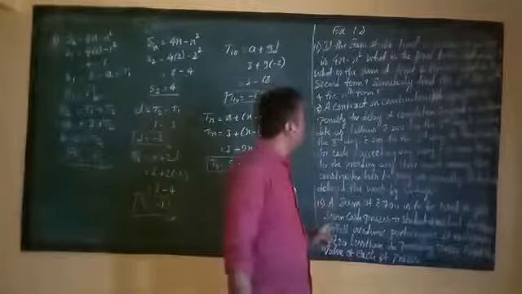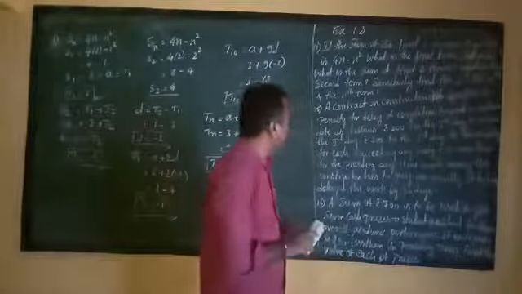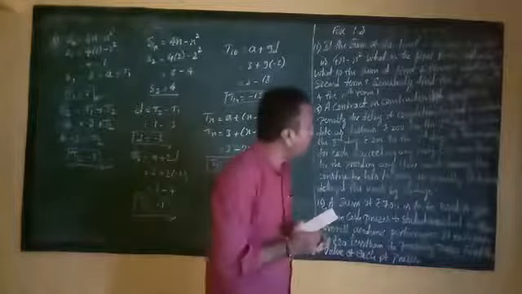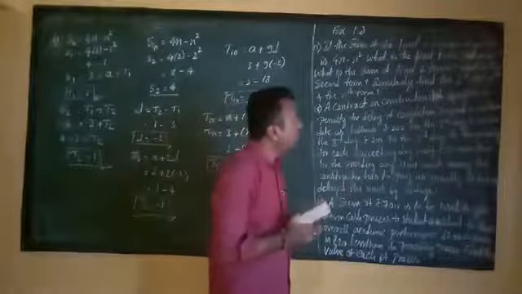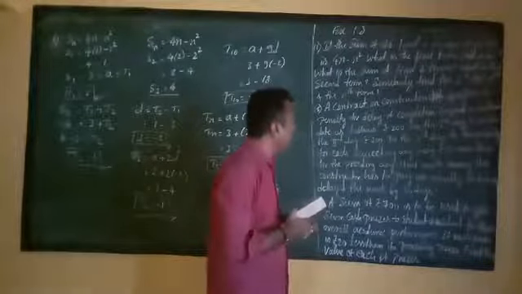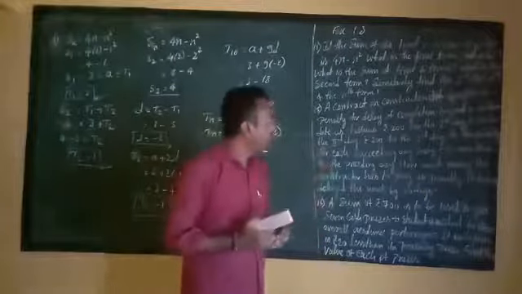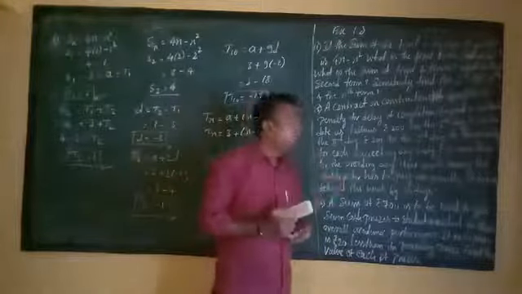A contractor on a construction job is charged a penalty for delay in completion beyond a certain date as follows: rupees 200 for the first day, rupees 250 for the second day, and rupees 300 for the third day, etc. So here, students, one contractor wants to complete one job.